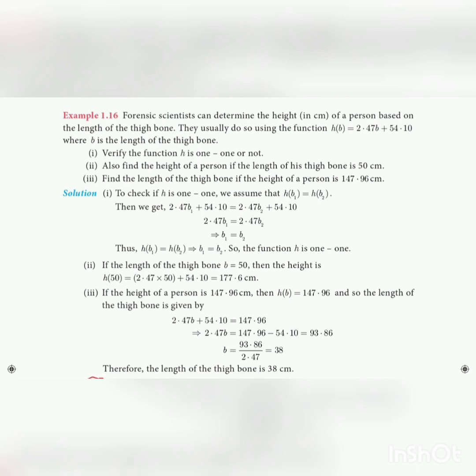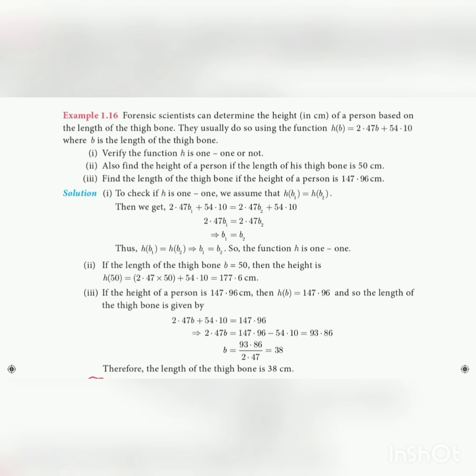147.96 centimeters. See, this is also a function, but the related entries here are, one is height and another one is thigh bone length. They are respectively denoted as H and B. A person's height and thigh bone length are connected and given as a function. Usually, the notations f and x are familiar to us.